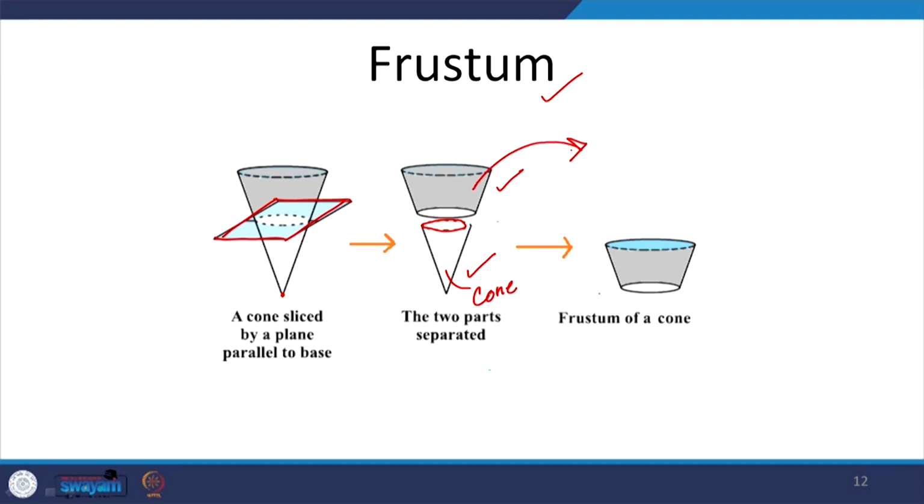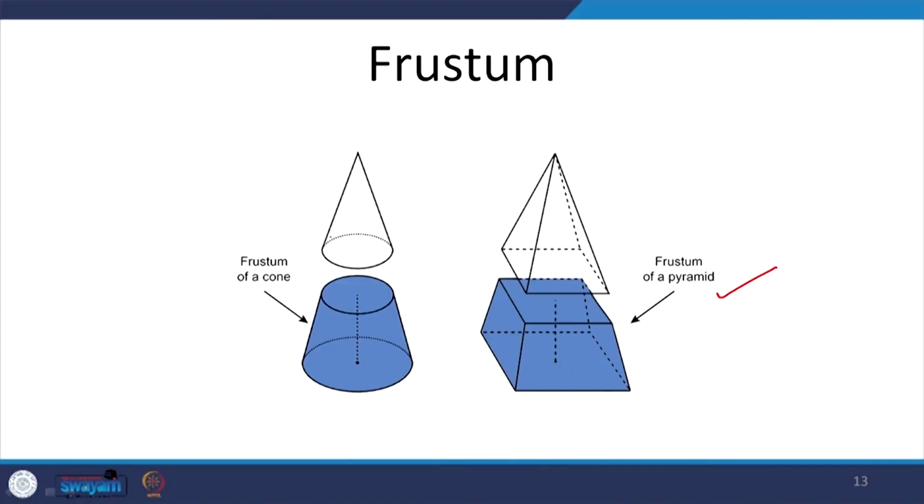The bottom part, where the base originally was, which does not have an apex now, is called the frustum of a cone. So, as I said, we could be having a frustum of a cone, or we could also be having a frustum of a pyramid. So, suppose this was a cone, then we get a frustum of a cone, and in this case this was a square pyramid.